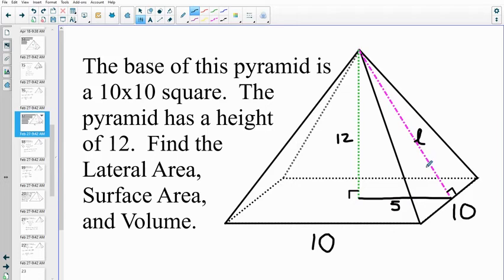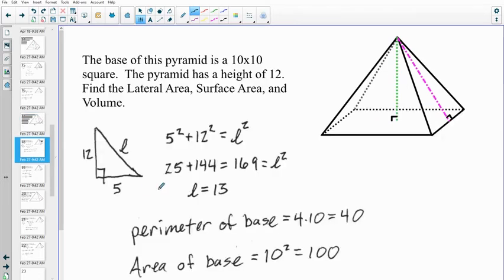I'll put a script L right there, but then I'll send it through the Pythagorean theorem. 5 squared plus 12 squared equals slant height squared. Write down the numbers, hit the square root of 169 in your calculator to find that the slant height is 13. Now, I didn't need that for these two, but these are two things that I need before I go to the formulas.